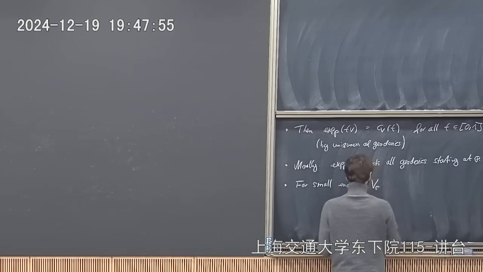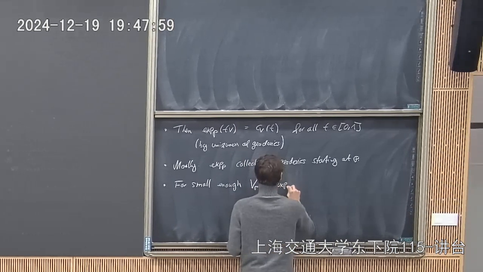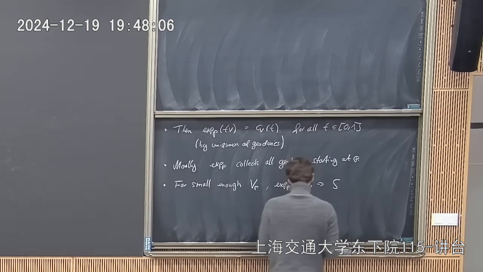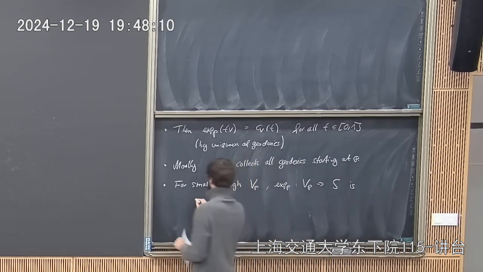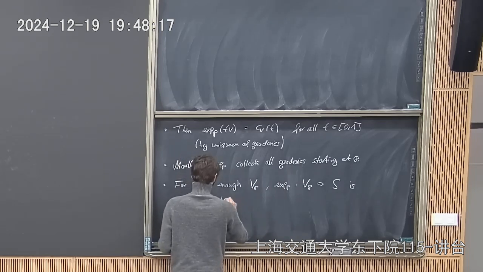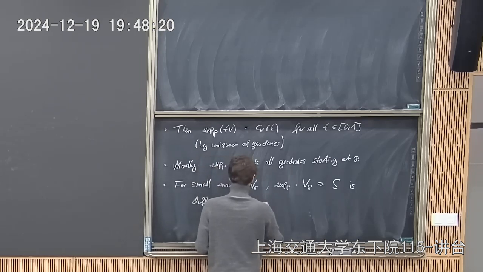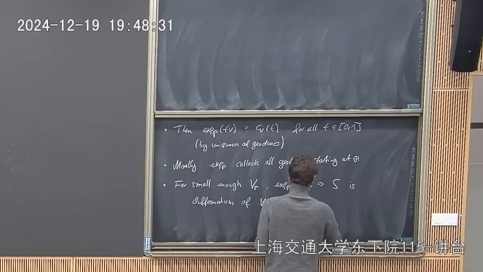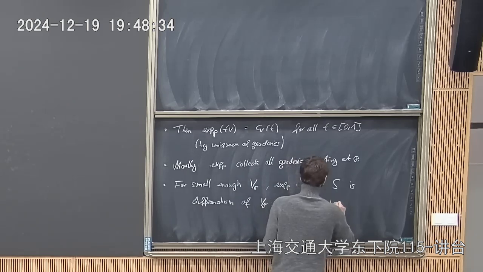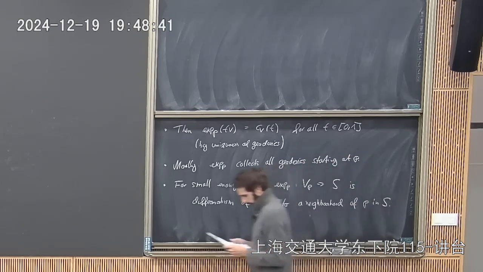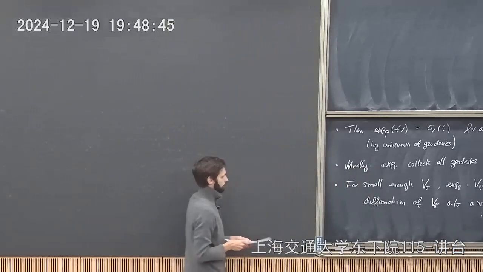The exponential of P, defined as a map from V of P, is a diffeomorphism of V of P onto a neighborhood of P in S. And that follows essentially by the inverse function theorem.